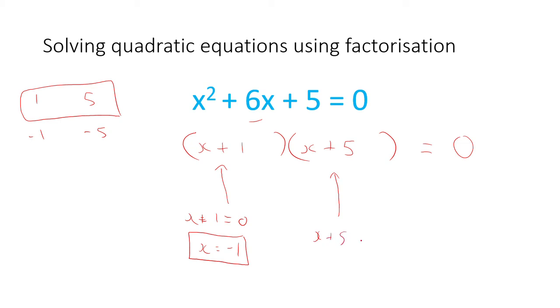So x plus 5 equals 0, and then x equals minus 5. So that's our second solution, and if you were to plug either x equals minus 1 or x equals minus 5 into this original equation, you'd find it came to 0. So these are our solutions: x equals minus 1, x equals minus 5.